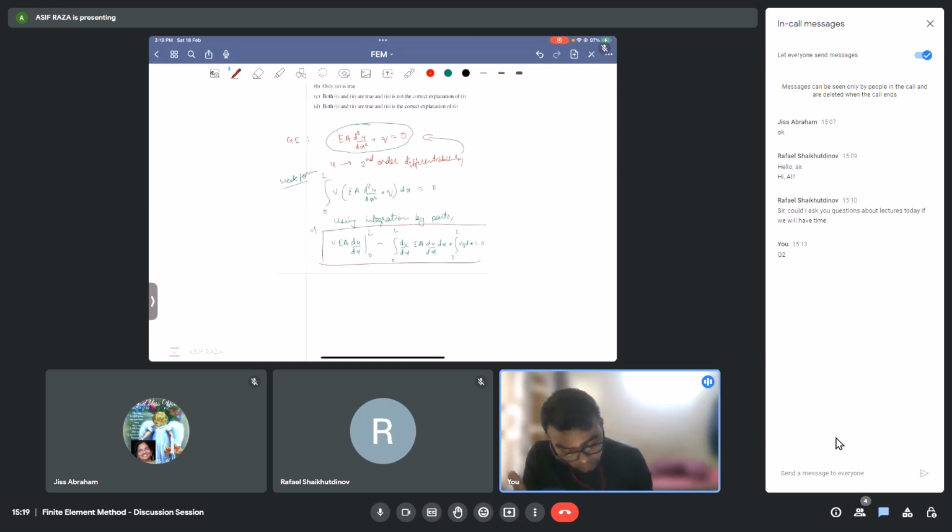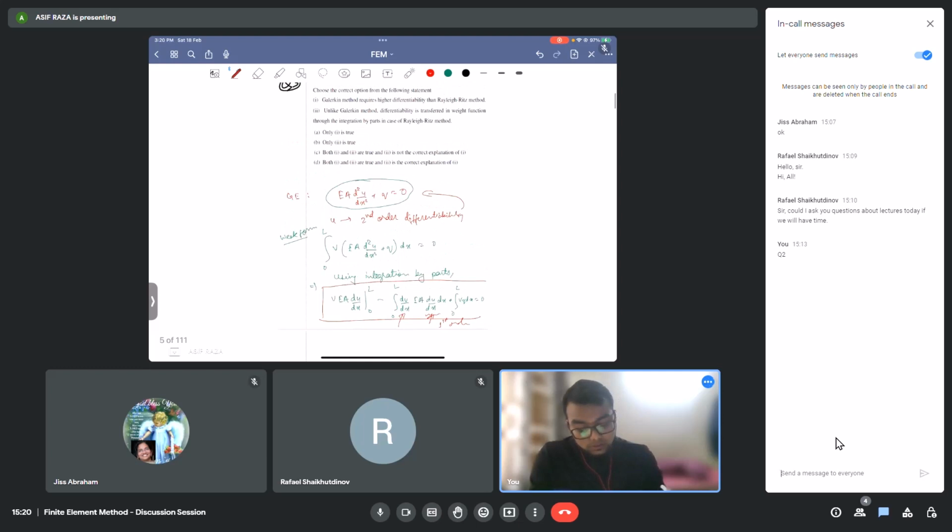here the differentiability requirement for our solution is only first order, and earlier it was a second order differentiability requirement. Now that has been transferred to my weight function. This is what the second statement says: differentiability is transferred to the weight function through integration by parts in case of Rayleigh-Ritz method.